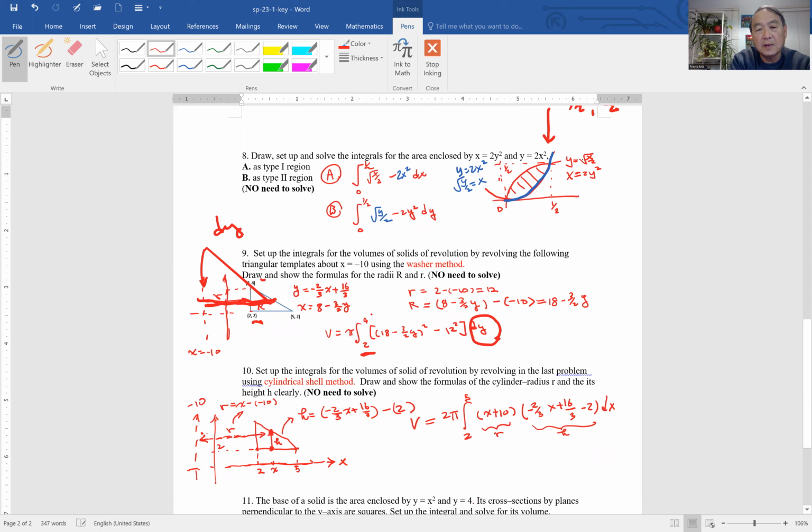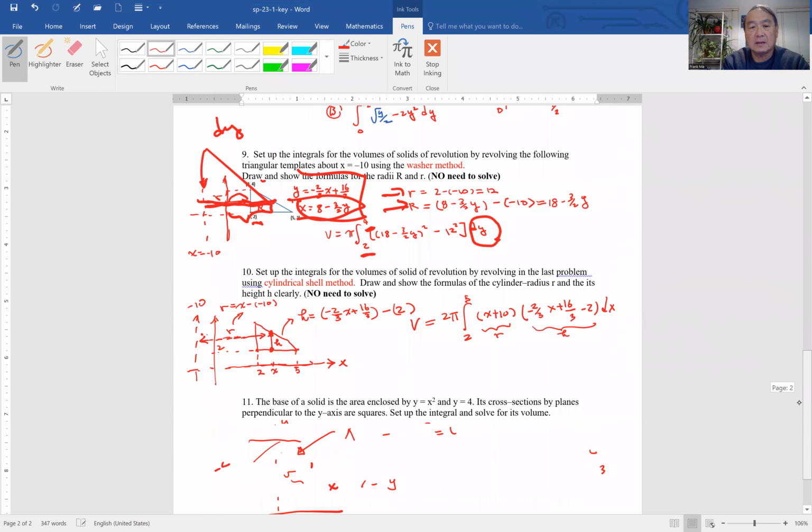Then you try to express the big radius and the little radius, everything, in terms of y. You have to solve for the equation of the line, then use that to figure out what the big radius and the little radius are.